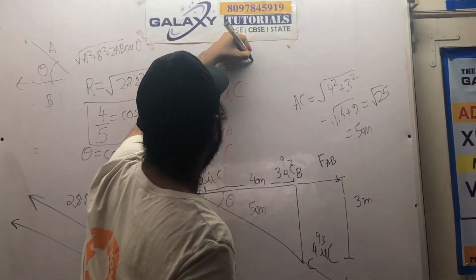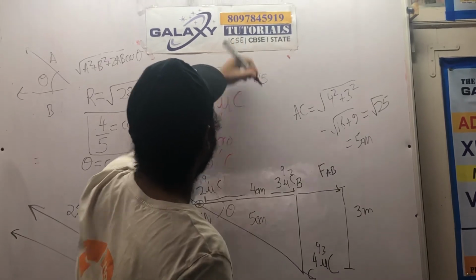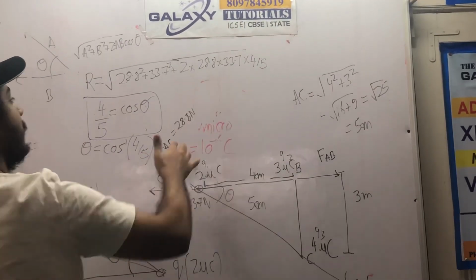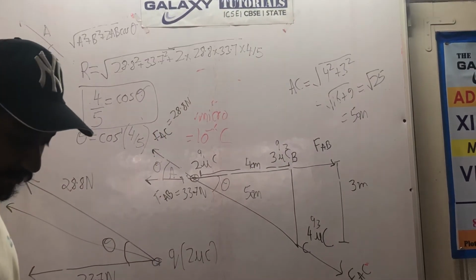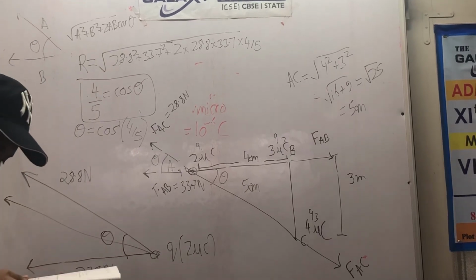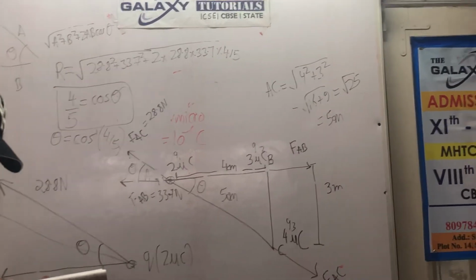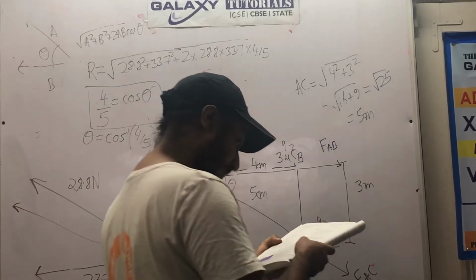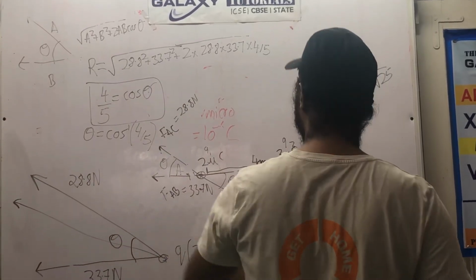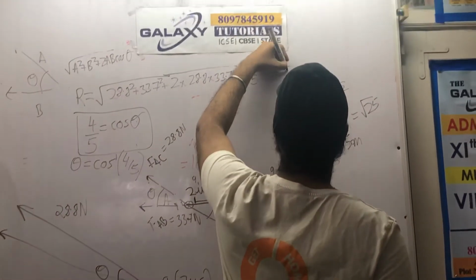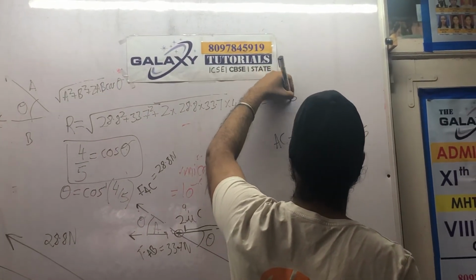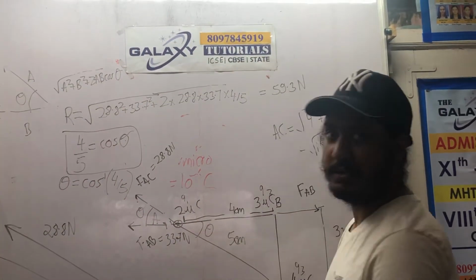Cos theta is how much? 4 by 5. Okay, so upon simplifying this, the answer that comes out to be is 59.3 Newton. This is your answer. I hope that is clear.